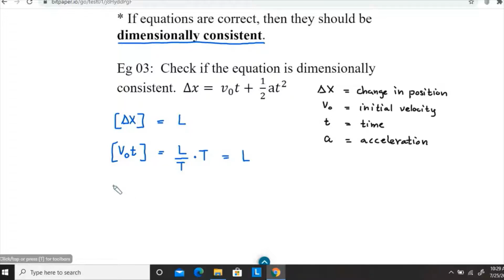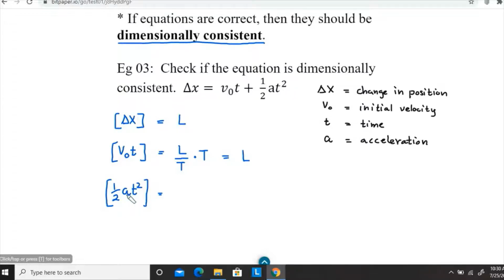Now I'm going to consider the third term, 1/2 a t squared, the dimensions of this entire term. Now, dimensions of a constant like 1/2 is 0. There are no dimensions for a constant, so we basically ignore that term.